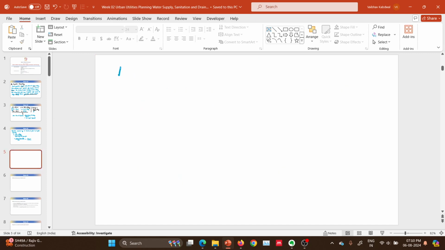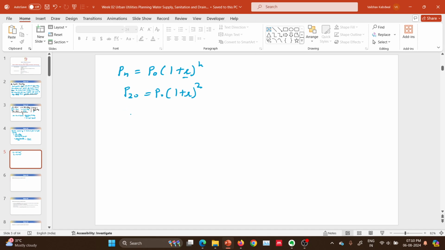We know the geometric increase method: Pn equals P0 times (1 plus R) to the power n. First we need to calculate R. We know P20 and P0, but we don't know R, and we know n is 2 decades.